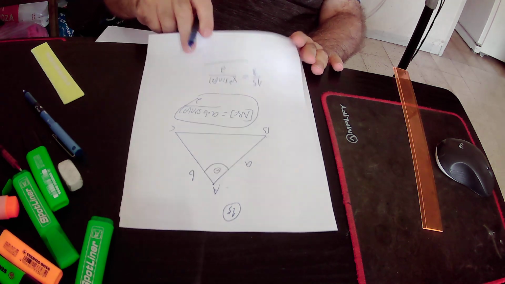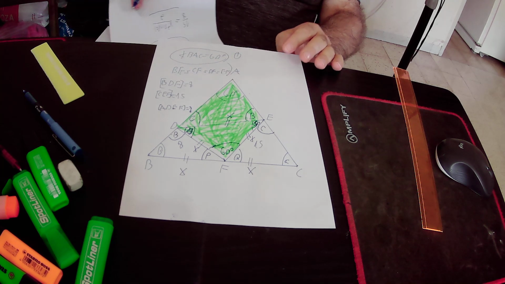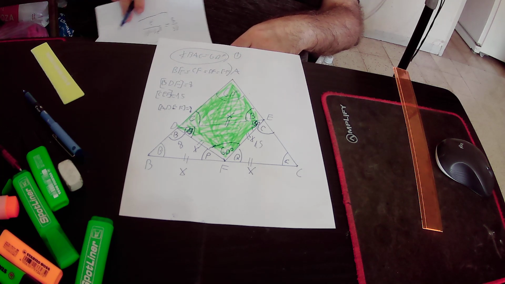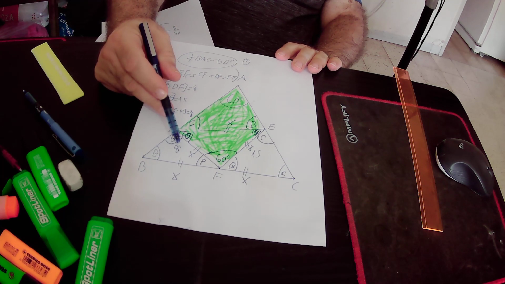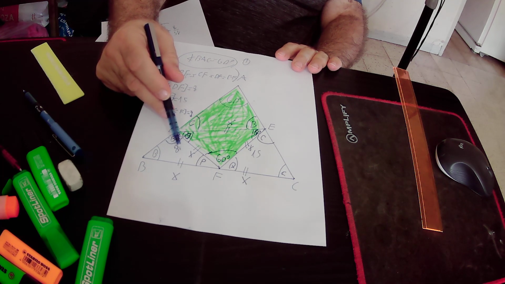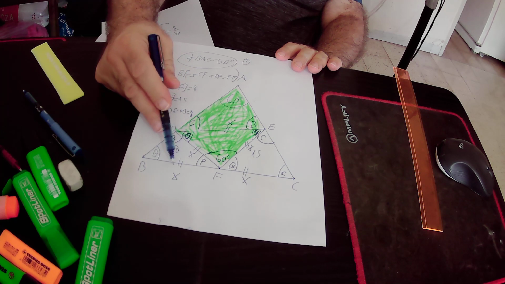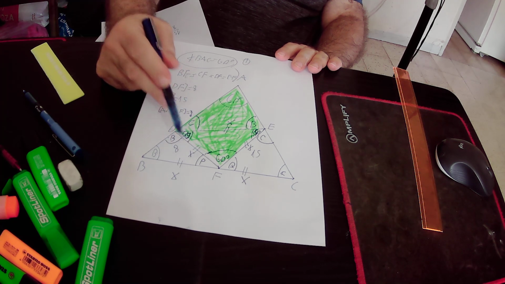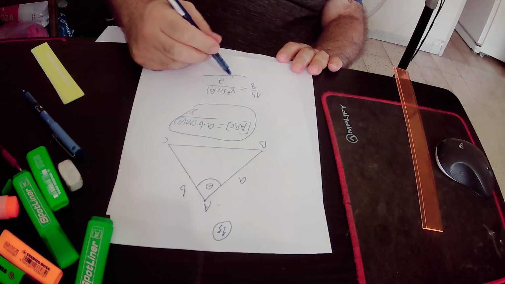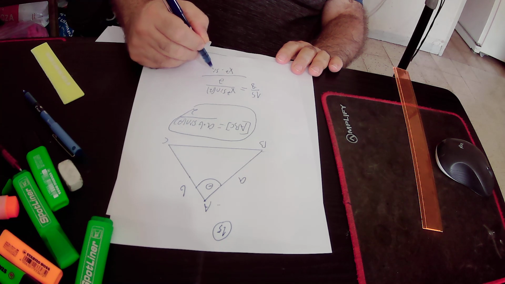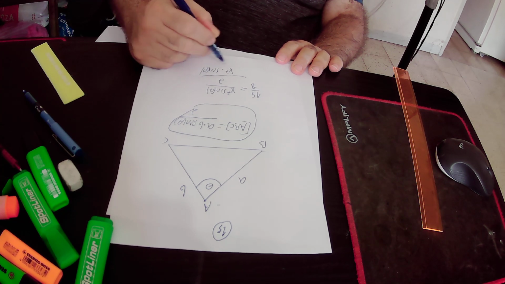Likewise, the area of triangle DFB will be equal to x squared times sine p over 2.